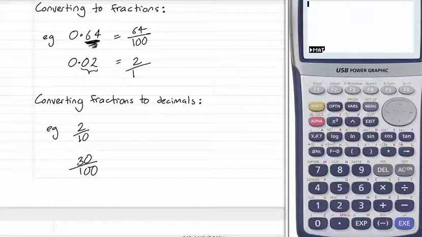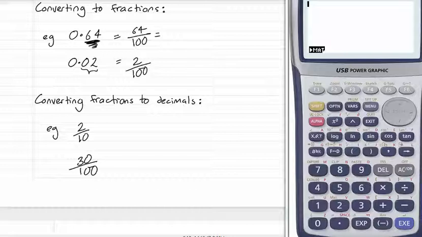Now in both cases, if we can simplify, we do. So 64 over 100, look for the highest common factor. If you can't find a highest common factor, start with a lower one. We can see that they're both even, so 2 would go into them. So I could do 32 over 50.